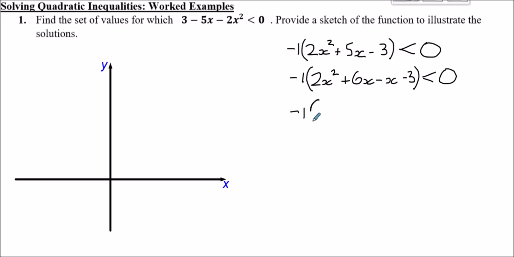So this bit here, the 2x squared plus 6x, we can factorize into 2x brackets x plus 3. And minus x minus 3 has a common factor of minus 1. So that becomes minus 1 brackets x plus 3. All of that less than 0.